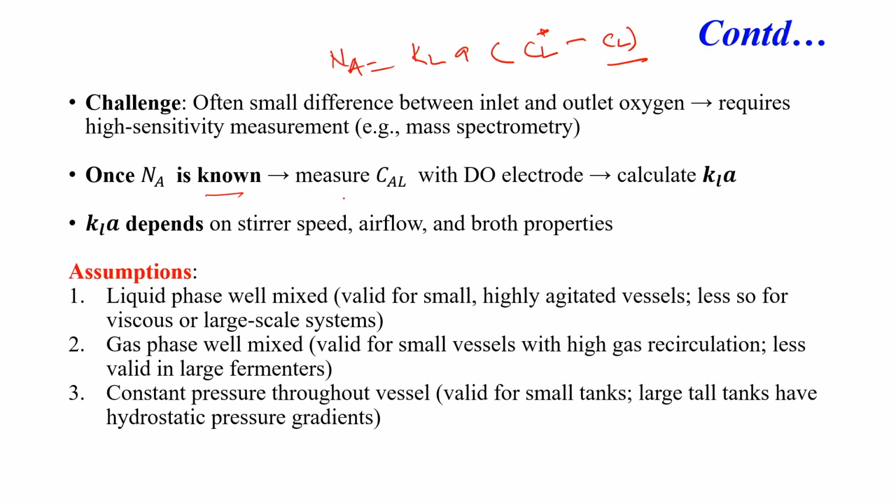Once Na is known, we can measure the CL value and then calculate the mass transfer coefficient. Further, this KLa depends on the impeller speed, air flow and broth properties. When we are applying this method, we are assuming the liquid phase is well mixed, the gas phase is well mixed, and the operating pressure is constant throughout the vessel.